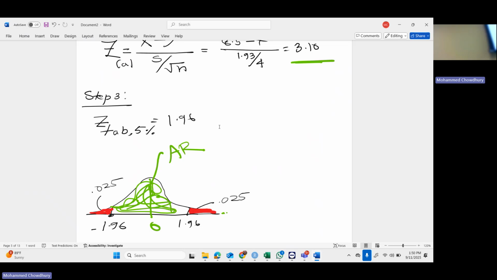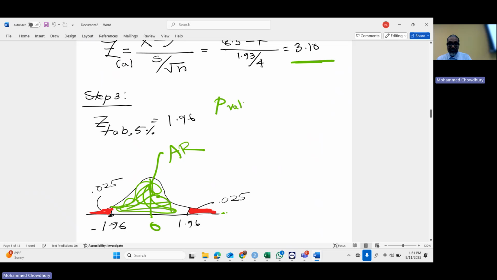There is also a p value approach, which you will see soon. If you want me to compute the p value, that is also possible. So take a look at that. The p value approach is this.